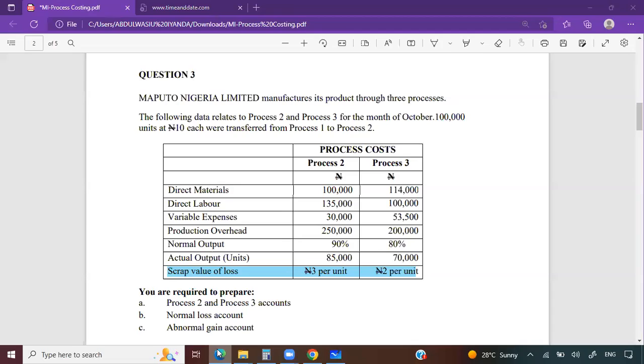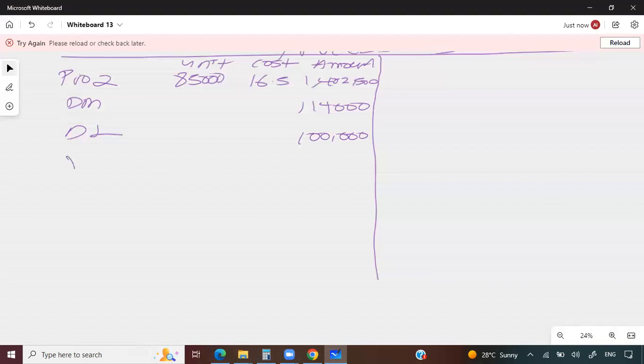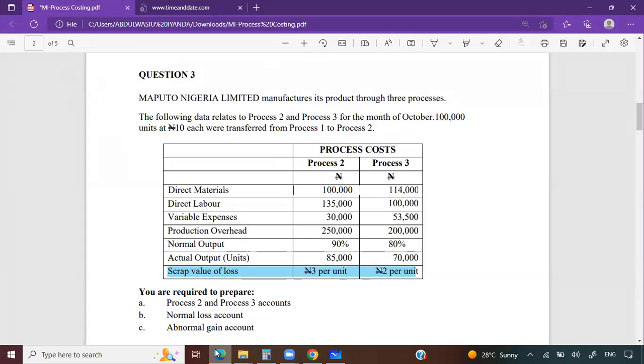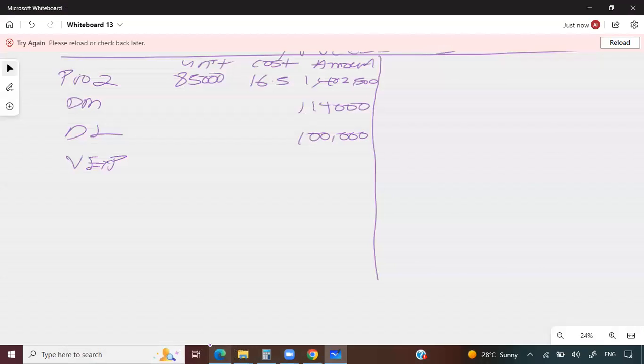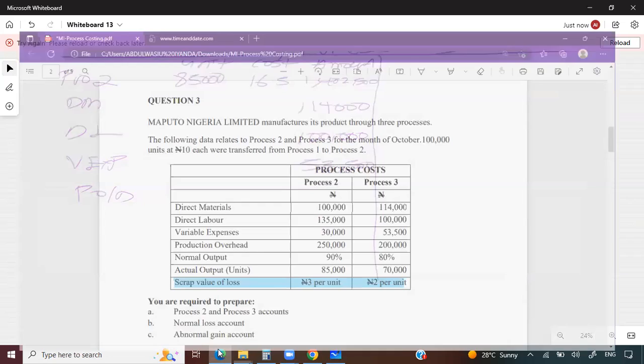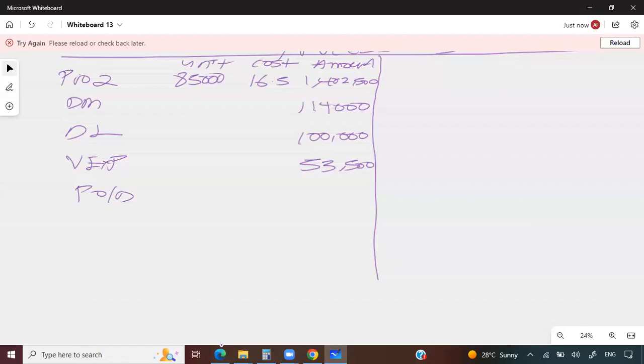Then the next one, variable expenses. Please write it out in full. The variable expenses is 53,500. Then we also have production overhead. Production overhead is 200,000.